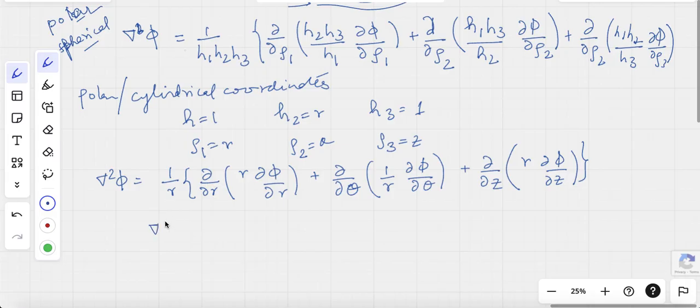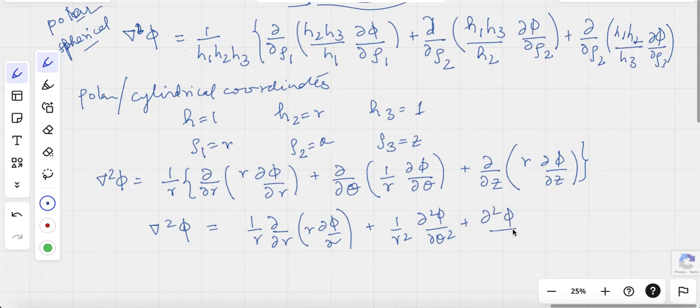Del square psi is equal to 1 by r d dr plus 1 by r square d square phi by d theta square plus d square phi by dz square, right?